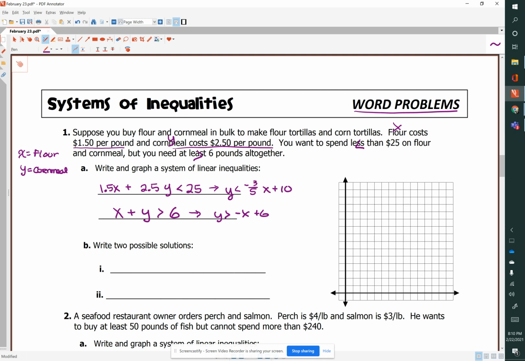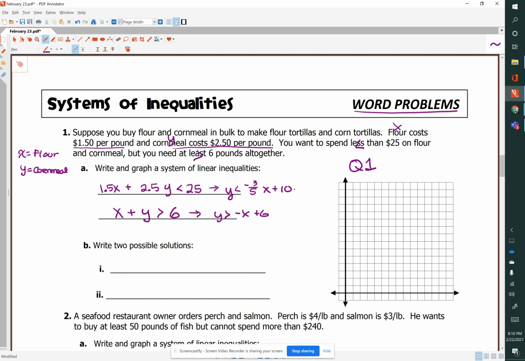So let's see. We notice we only have the first quadrant of the coordinate plane, because negative quadrants would not be meaningful to this problem. We don't have negative money and we don't have negative tortillas or pounds of flour or cornmeal.